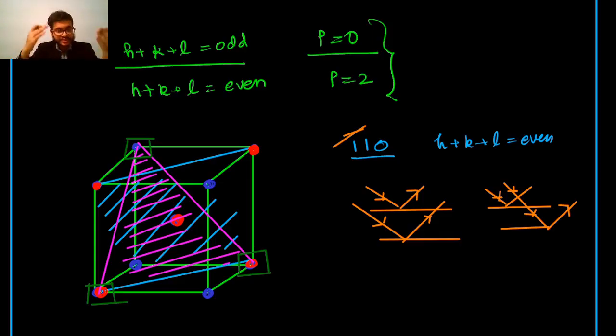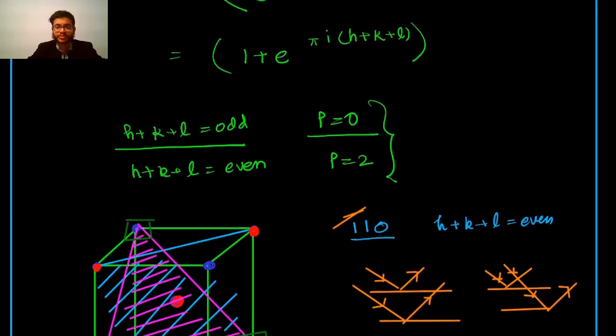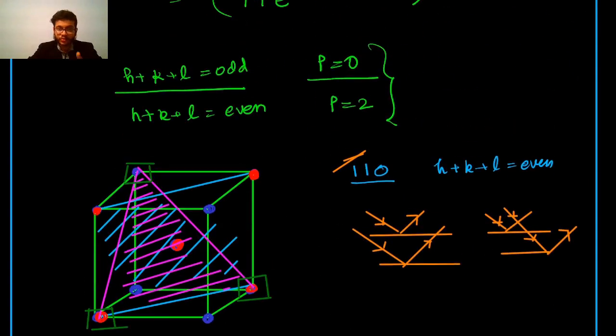You will sometimes miss points, or the points will be aligned in such a way that there will be destructive interference, so when light falls on that plane, we will not see any peaks from the 111 plane.